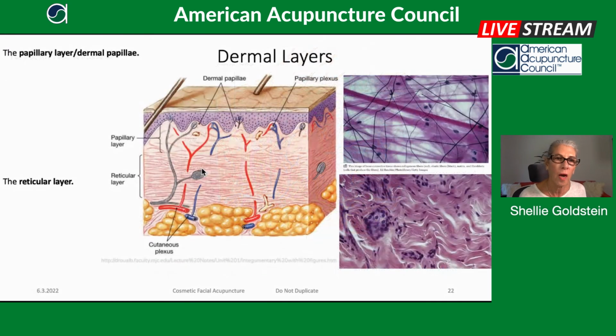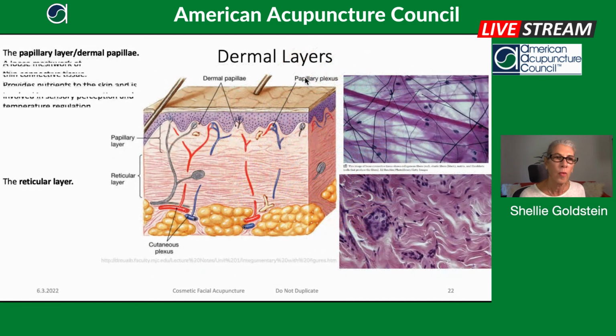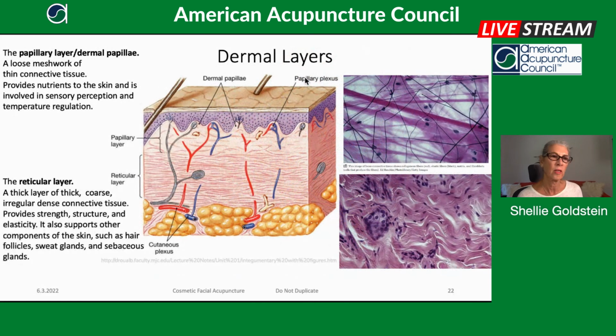It's composed of a papillary layer, which is a loose meshwork of thin connective tissue, and then the deeper area is the thicker layer of connective tissue. And if you look in this side image, this is connective tissue. We'll go into this a little more deeply, but it's a very loose matrix, a loose structure, whereas the lower area is a little bit thicker.